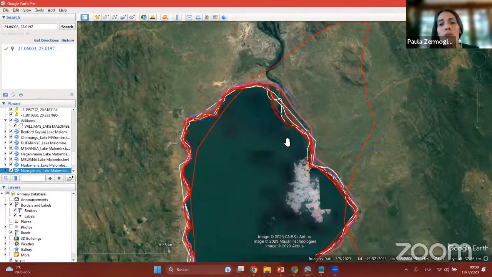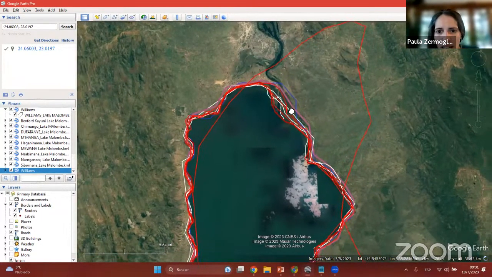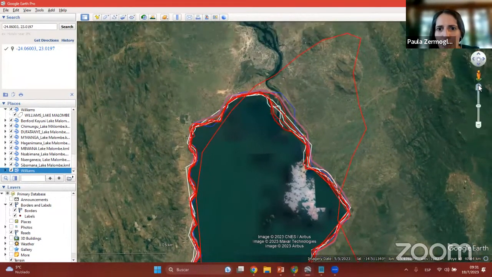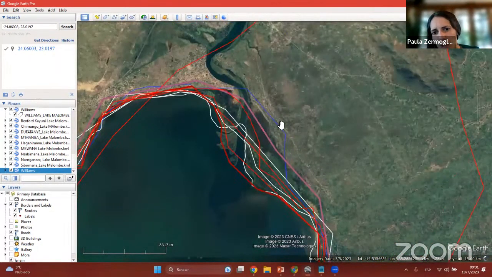So suppose that each of you were measuring this lake several times, making these polygons several times, then you would come here and say, well, my measurement error is half the difference between my own extremes.